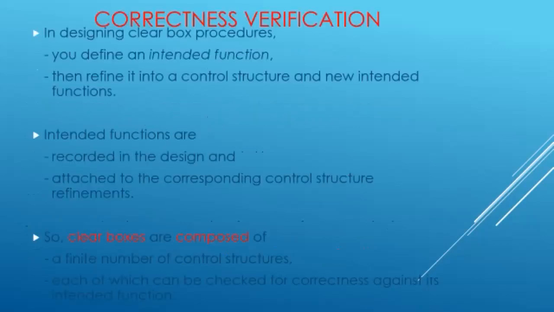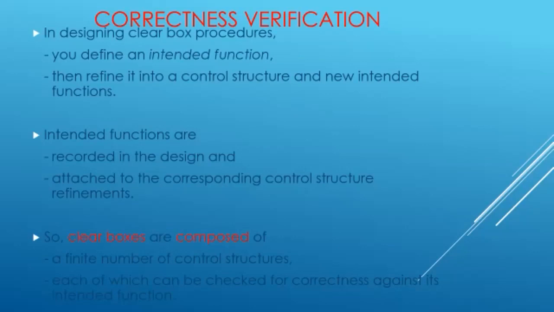This is the example. Correctness verification. In designing clear box procedures, you define an intended function, then refine it into a control structure and new intended functions. Intended functions are recorded in the design and attached to the corresponding control structure refinements.